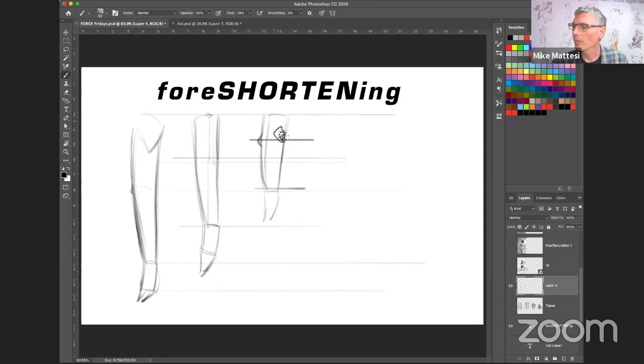Elbows here. You can see it's either like, man, this is a really tiny arm and it's really short, or it's starting to come out towards me, right? So the point I want to make here is just very simply by shortening something, I'm going to start alluding to the idea that there's depth.